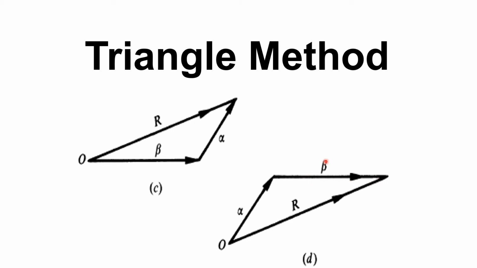In this case it is vector beta, and that resultant vector is the vector sum of the two vectors.